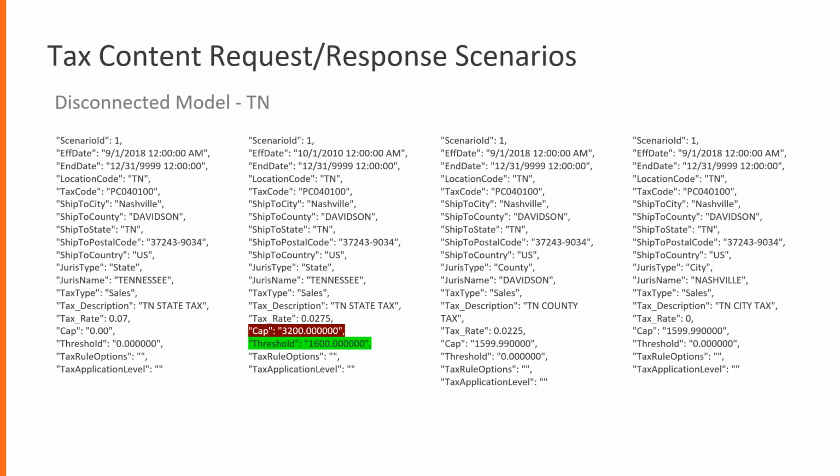We're getting back 4 different jurisdictions in our scenario. So the state tax, we can see that the 7%, just like Florida, has no cap, no threshold. It always applies. However, there's this additional state tax of 2.75% that only applies when a single item is above $1,600, but less than $3,200.